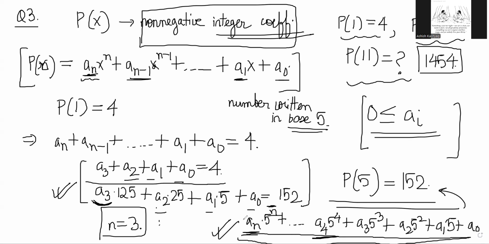So if you had thought of that, then you can convert 152, which is in base 10, to whatever it is in base 5, right? It is possible to convert 152 to a base 5 number.